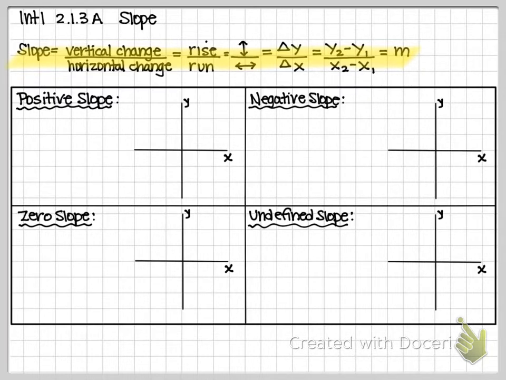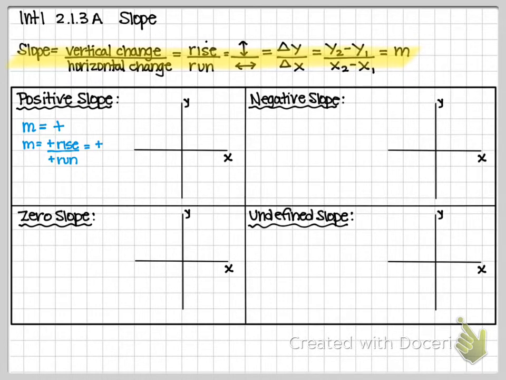So if we have a positive sloped line, that means that eventually m, once all is said and done, is a positive number, for sure. There's a couple of ways to do this, because remember, slope is a fraction. It's a comparison between 2 things. One way to do it is that maybe we have a positive rise over a positive run, because we know that a positive divided by a positive gives us a positive.